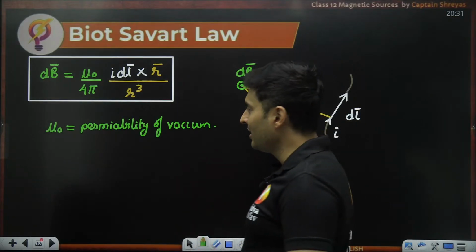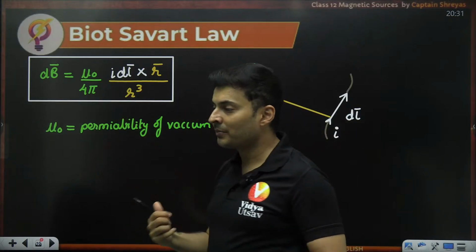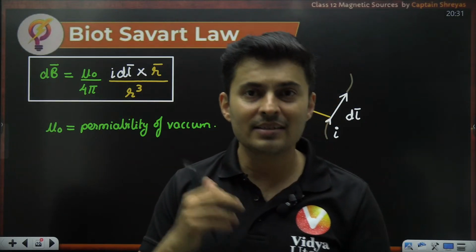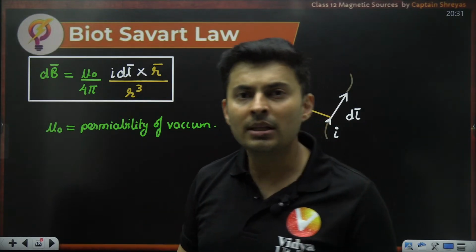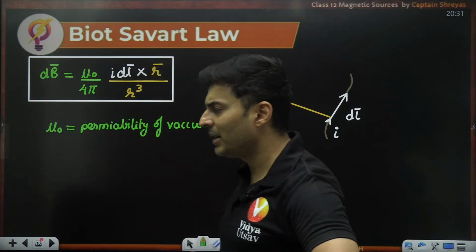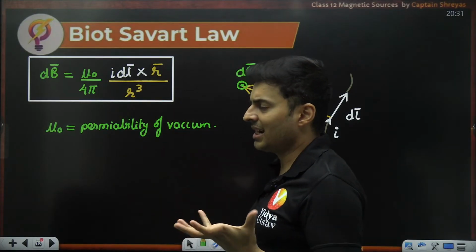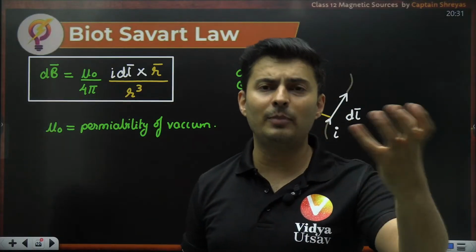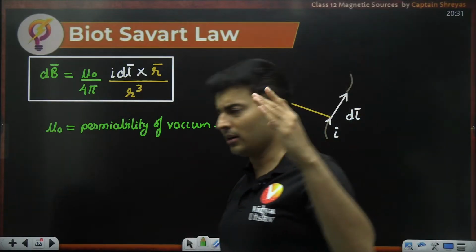It's sponge-like. In the same way, permeability is how porous that medium is. It's a measure of that. That factor is always compared with vacuum. Vacuum is your standard, and based on that, other mediums are compared, and then you have relative permeability and other things, which we'll talk about later on.